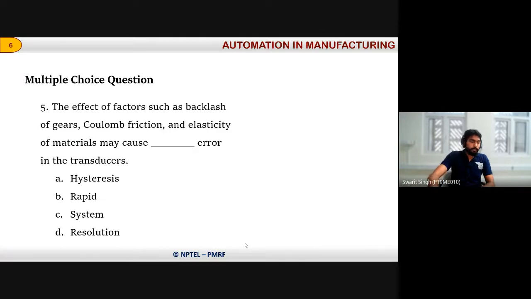So the fifth question is on your screen now. The question is: the effect of factors such as backlash of gear, Coulomb friction, and elasticity of material may cause which type of error in transducers? Transducers are a type of equipment. So if factors such as backlash of gear, Coulomb friction, or elasticity of material are there, what type of error is it?